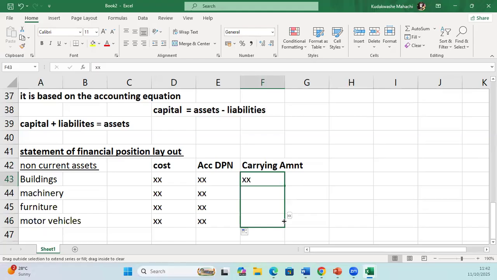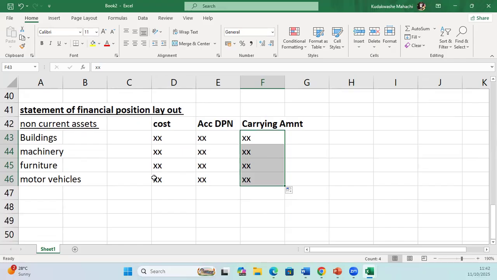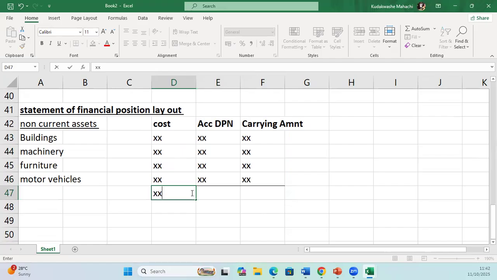So the accumulated depreciation is being subtracted. You say the cost minus the accumulated depreciation, you get the carrying amount. Then after that, those totals, but the only important total is the last total for the carrying amount.